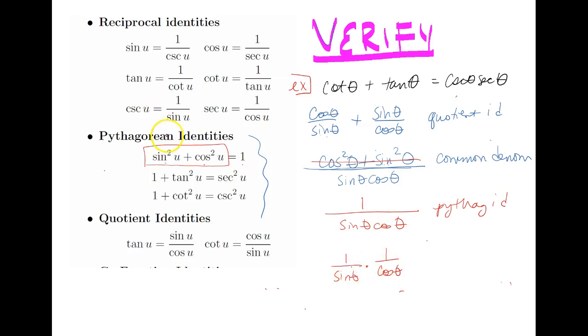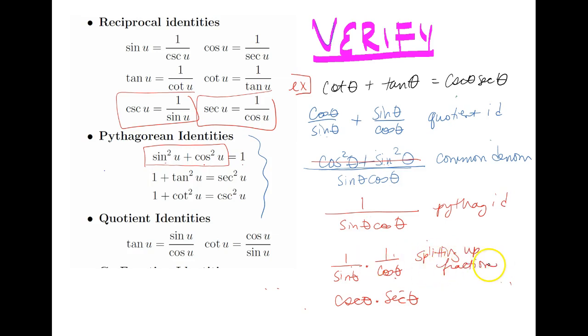Well, look up here. 1 over sine is cosecant. What is 1 over cosine? Look up here. It is secant. So here I was just splitting up my fraction, or you could call it simplifying, whatever you want to do. And then in this step, I just used my reciprocal identities. Reciprocal IDs. And I got to my answer.